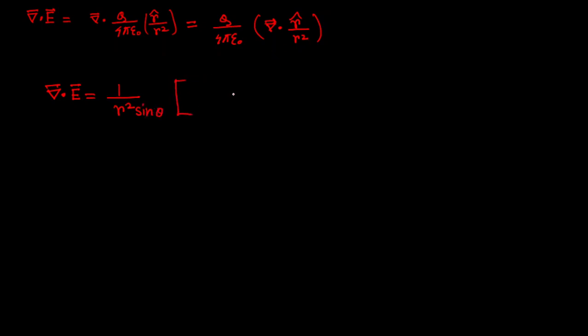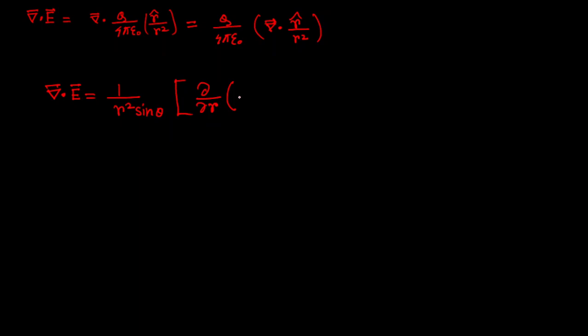Here the vector has only an r component, so we write only the r component. First we write del by del u1, and u1 in this case is r, so del by del r. Then we have to multiply h1, h2 and h3. In spherical polar coordinate, h1 is 1, h2 is r, and h3 is r sine theta.